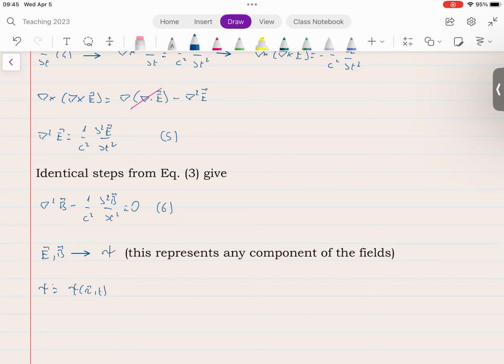Okay, what we're going to do is look at transverse plane waves. Oops, let me spell plane, yes. Sorry about that.